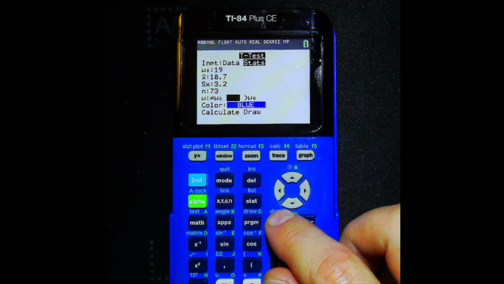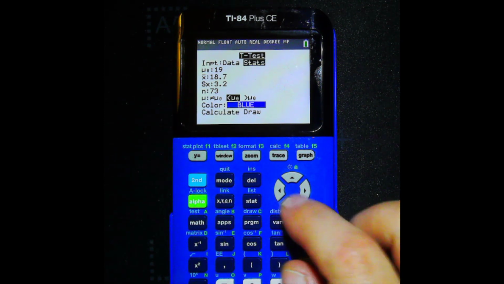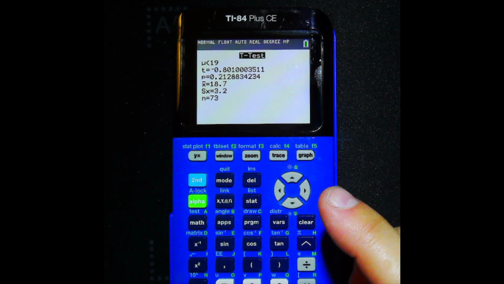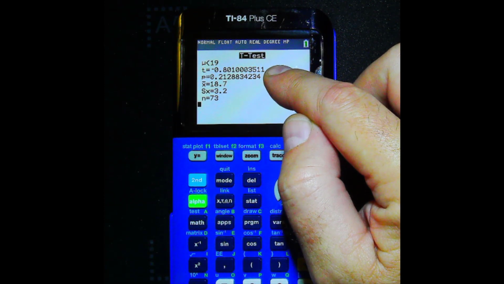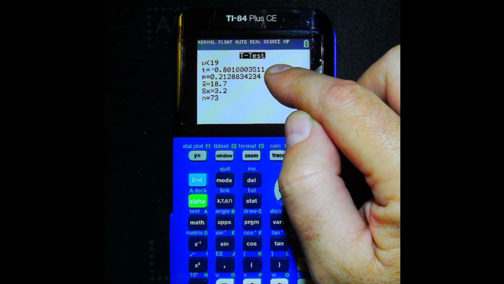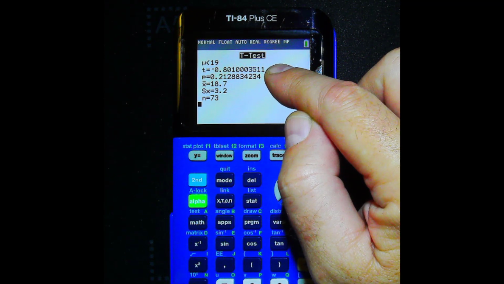This is again a one-tailed test, and so we'll just calculate the value. Everything we need to know is in the p-value. The p-value is 0.21, which is greater than our level of significance of 0.05, and therefore we fail to reject the null hypothesis.